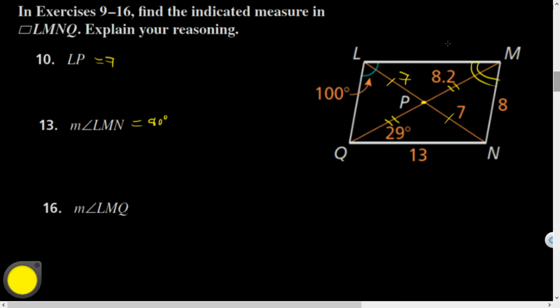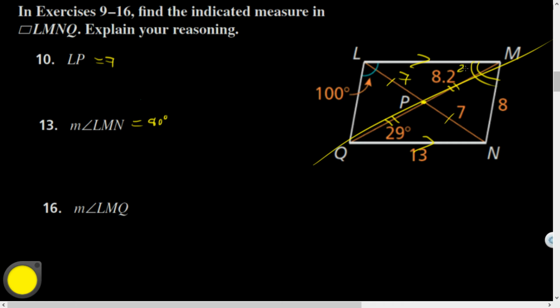And then LMQ. Is it going to be half of 80? I almost thought that as well earlier this morning, so that's why I asked it. It is, however, two parallel lines cut by a transversal. This isn't a property of parallelograms as much as it is a property of parallel lines cut by a transversal.